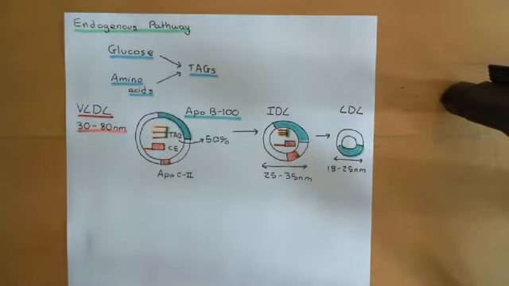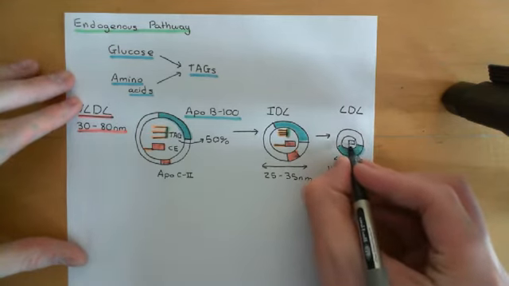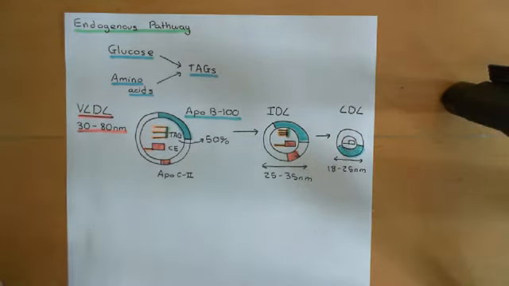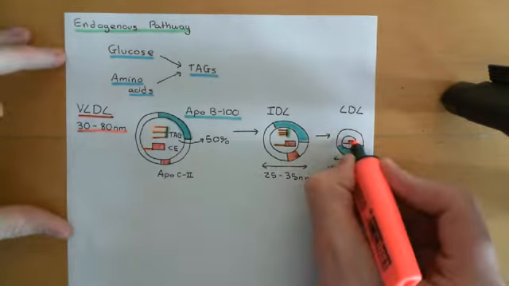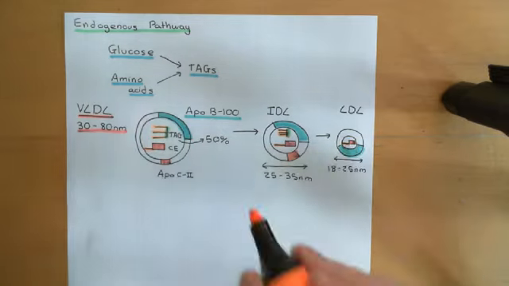You've now lost all of your triacylglycerols from the core, so what you have left in the core is a lot of cholesterol esters. Here's the cholesterol molecule, and here's the acyl group in orange.